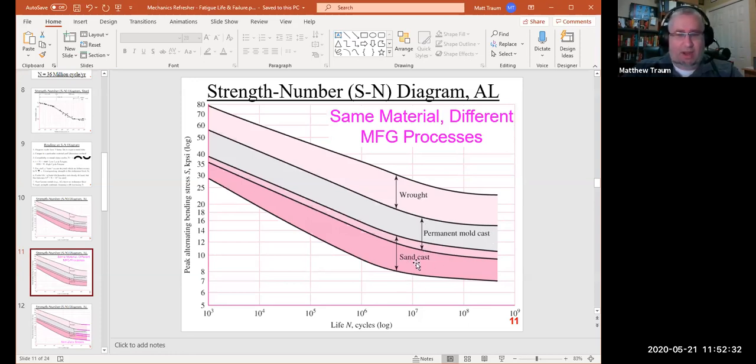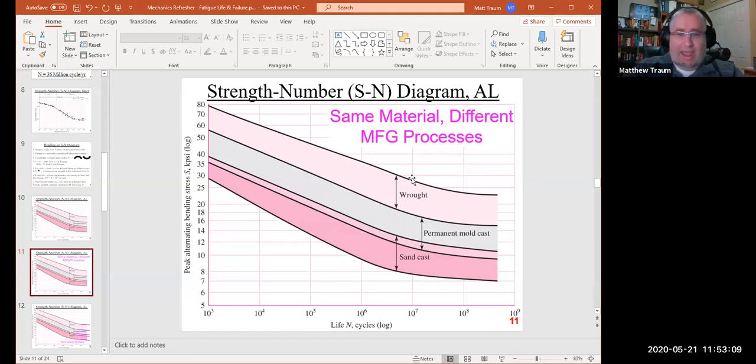And then a sand casting process, for those of you who have not taken manufacturing, is literally what it sounds like. You dig a hole in the sand, effectively, that's the shape of your part, and you pour the molten aluminum into the sand mold, and you wait for it to go from liquid to solid. Not dry, but solidify. You wait for it to solidify, and then you break the sand out from around the part, and you've got your finished part.